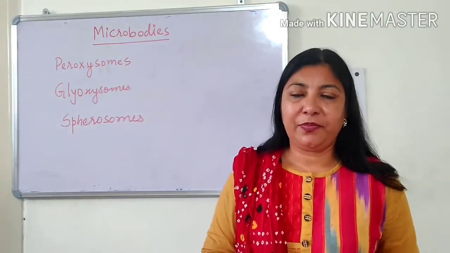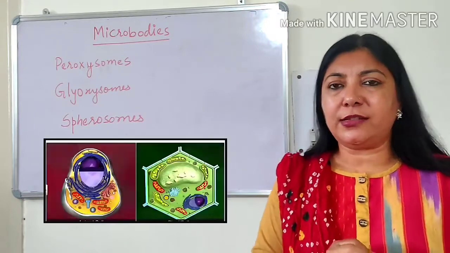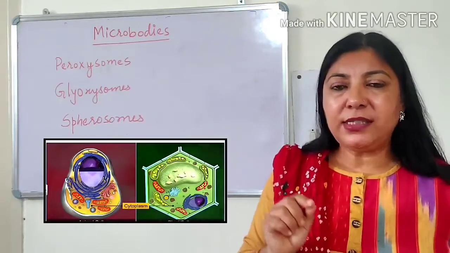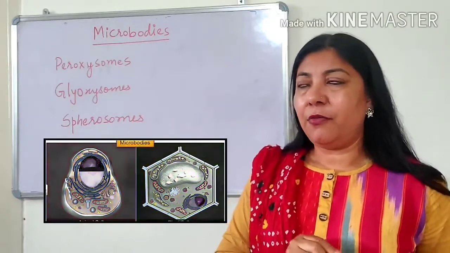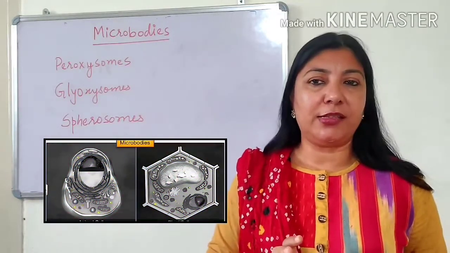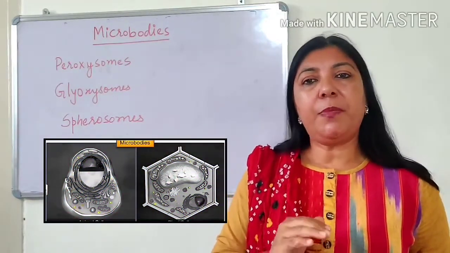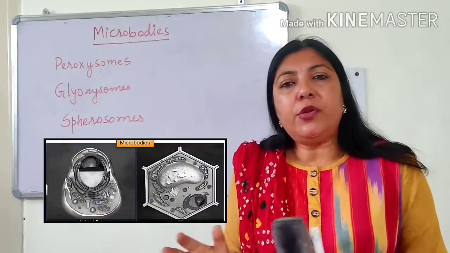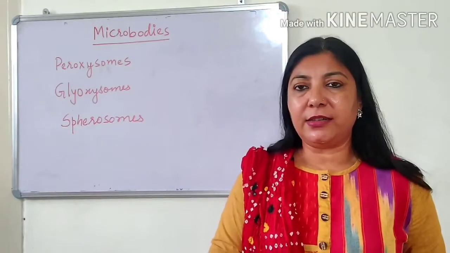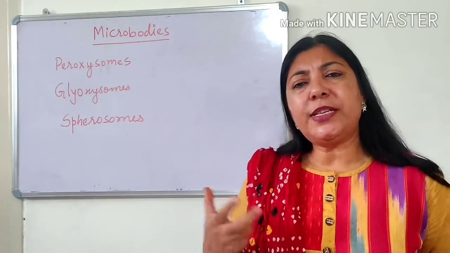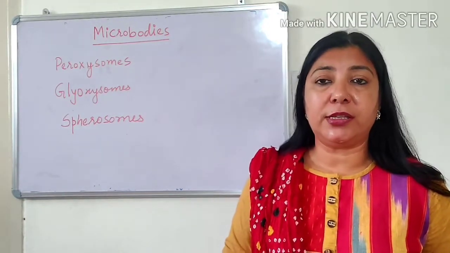And finally, there are few structures which are single membrane bound vesicle like structures, which are called as microbodies. Microbodies may be present from time to time in different plant cells as well as animal cells. They are responsible for specific metabolism processes.